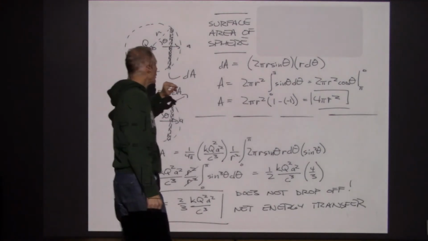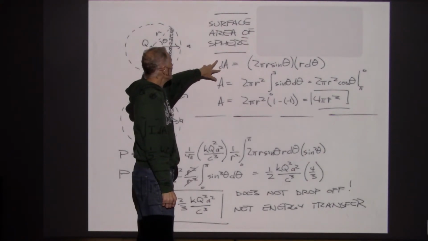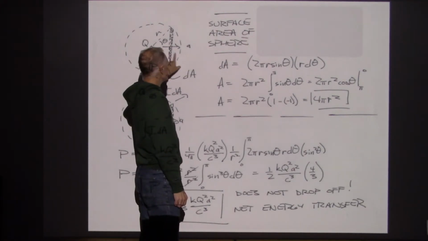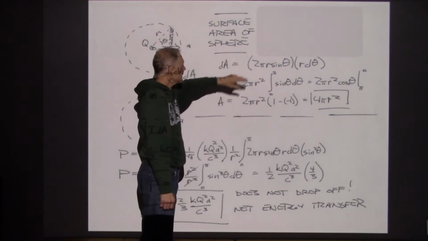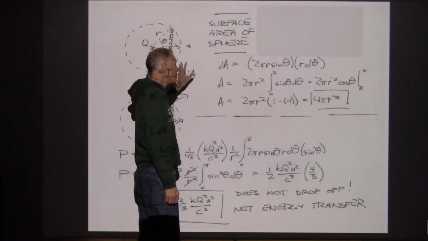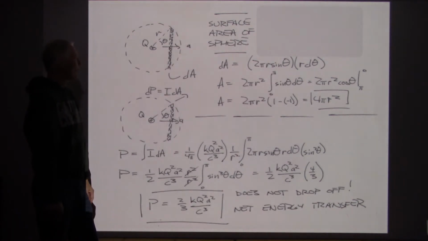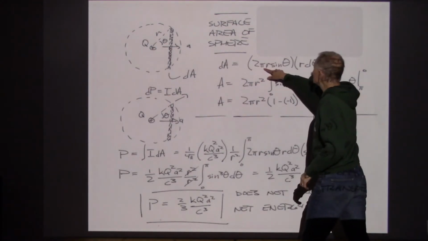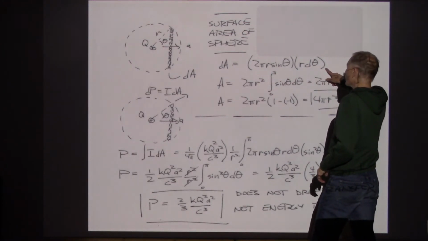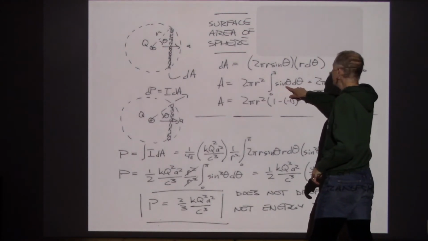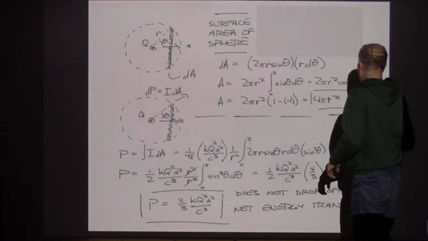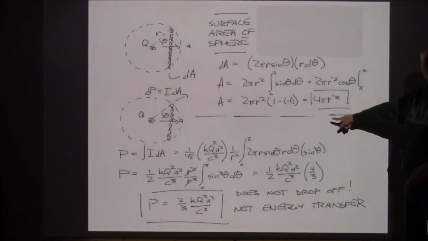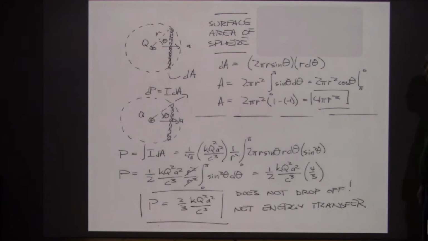And I'm not going to go through the details. It turns out that each one of these little differential pieces of area, we can write down a formula for that. Anybody interested, definitely stop by office hours and we can go through this. But I just want to show that this definition of dA works, because if I go through and integrate over all the angles, I get the surface area of a sphere. Okay, so it definitely works.